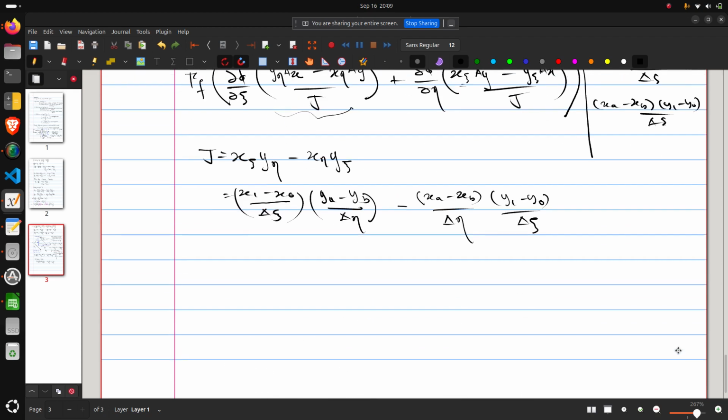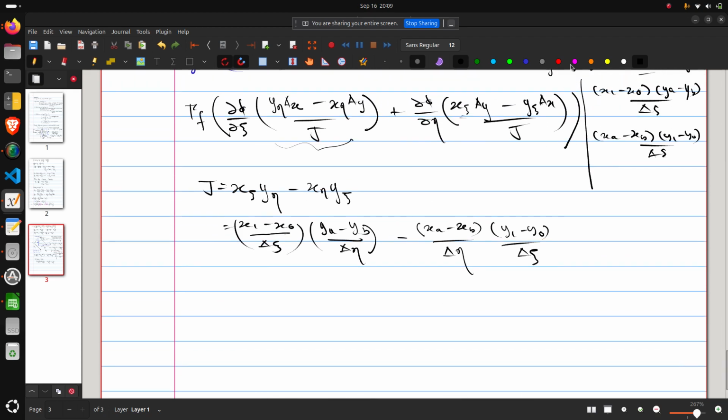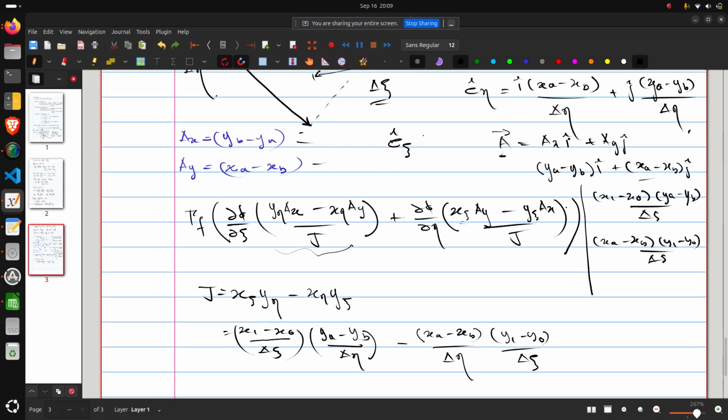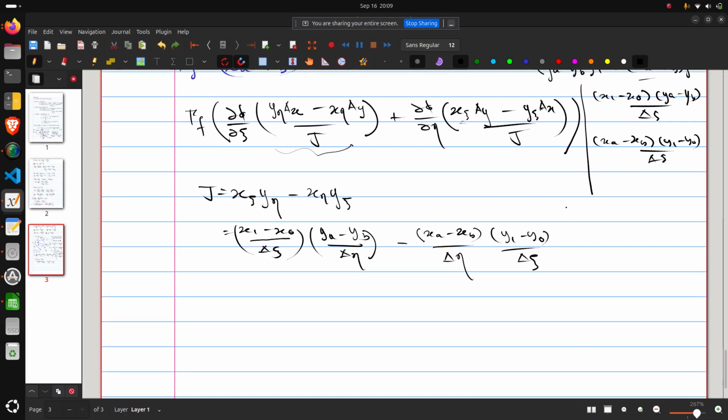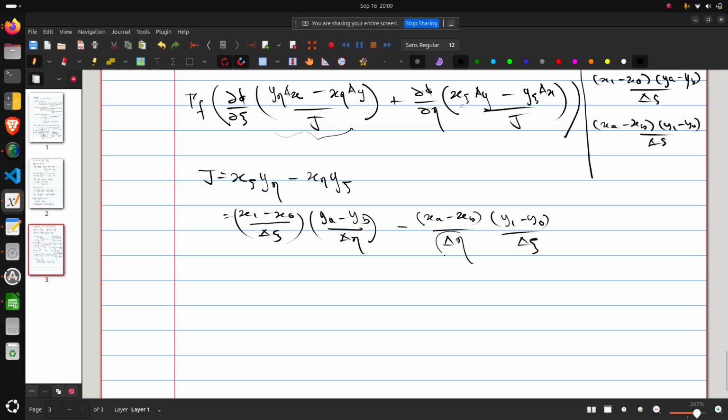Okay, if you see, this term and this term have a lot of things common except for this delta eta. Similarly, this term also is the same except for this delta eta term.